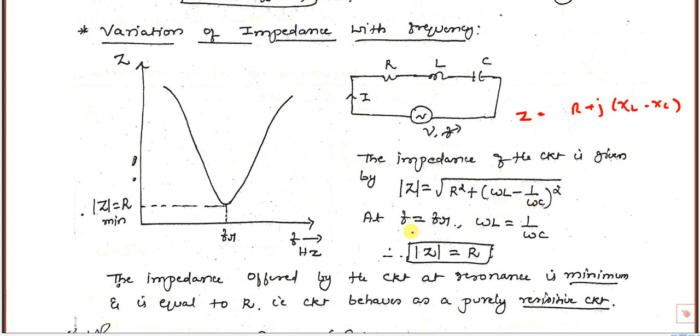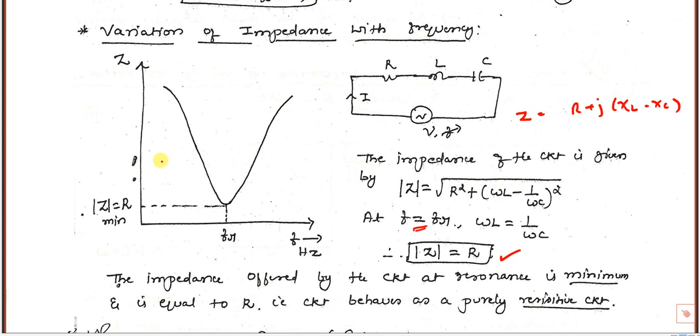So at resonance frequency, at f equal to fr, XL is equal to XC. They get cancelled and the magnitude is equal to only R. So at resonance, the value of Z is minimum but current is maximum. Z is minimum because we have only this part, we don't have this part.